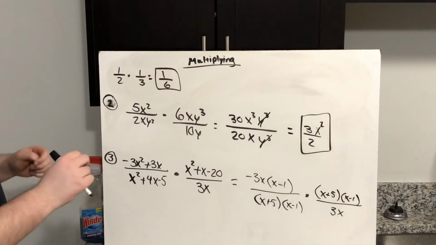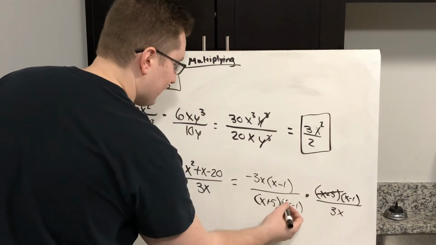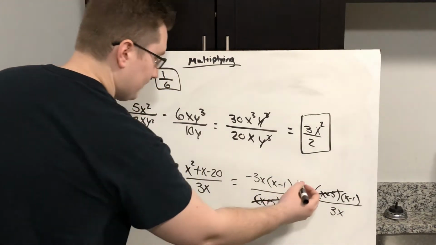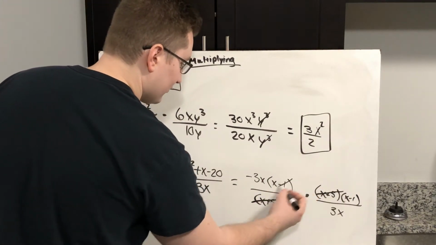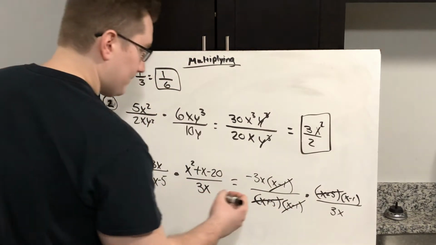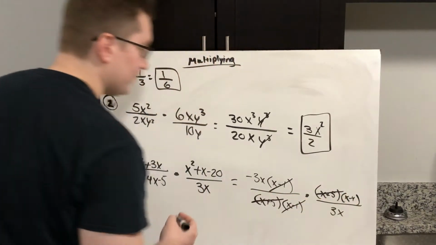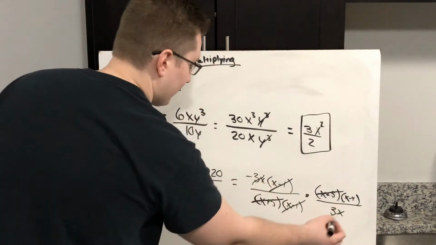So now I'm looking for things on the top and bottom that can cancel out. X plus 5 and x plus 5 cancel out. I have an x minus 1 and an x minus 1. There should be a 4 here. There we go. And then 3x and 3x.